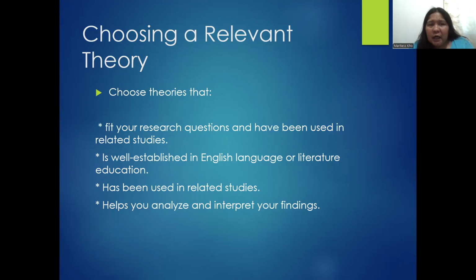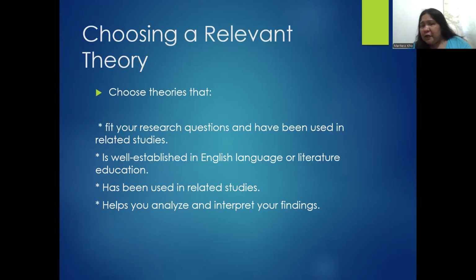And the last is choose theories that help you analyze and interpret your findings. Your theory should not only fit your topic, but also help you explain the results once you collect data. So it should guide your interpretation. If your results show that the students learn better when working in pairs, then you can use social constructivist theories because this helps interpret that collaboration enhances learning through social interaction.